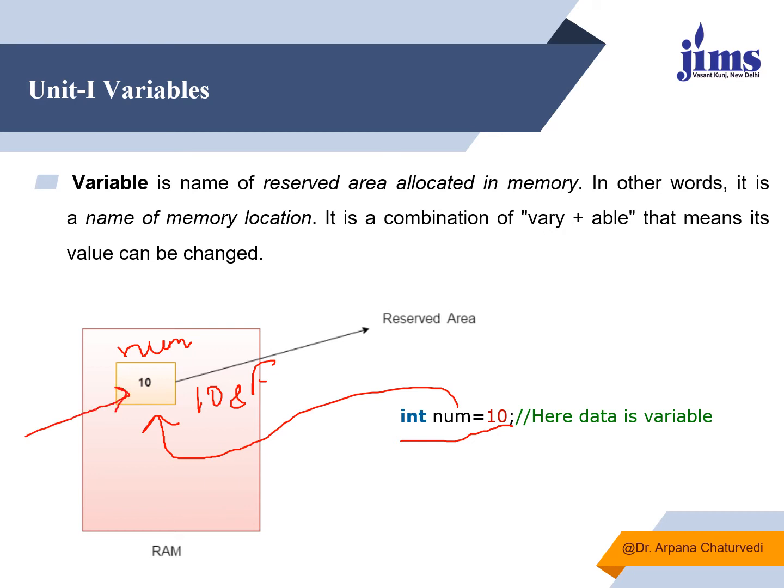So this is a variable. Variable means something having a varying value which lies within the range supported by that particular data type, and having a named memory location in the RAM.